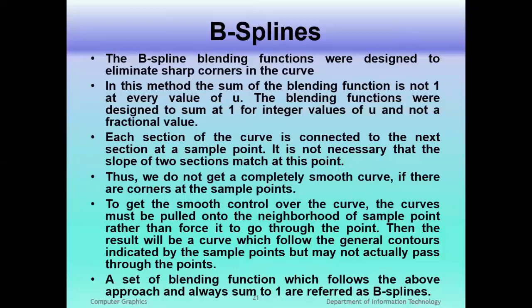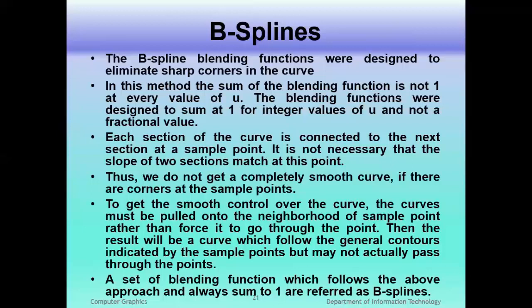The B-spline blending functions were designed to eliminate sharp corners in the curve. In this method, the sum of blending functions is not 1 at every value of u. The blending functions were designed to sum to 1 for integer values of u and not for fractional values.